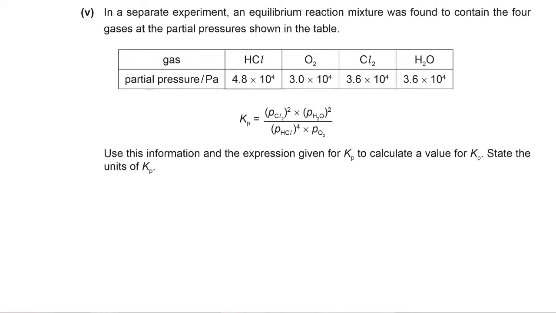Here, in a separate experiment, an equilibrium reaction mixture was found to contain the 4 gases at the partial pressures shown in the table. Here everything is explained. Just use this information and the expression given for Kp to calculate the value for Kp.